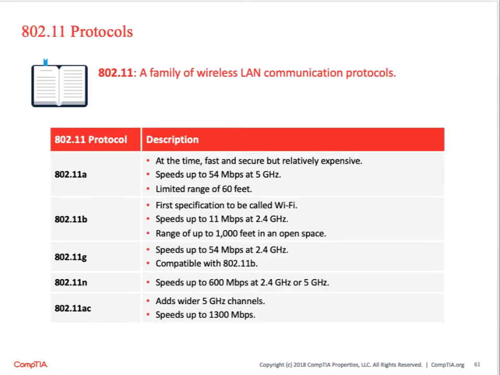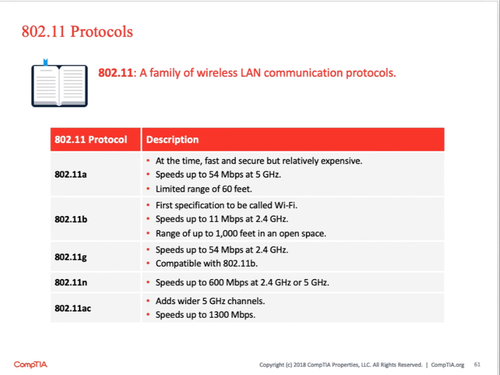802.11 protocols. 802.11 is a family of protocols for wireless LAN communications between wireless devices or between wireless devices and a base station. So these are the common 802.11 protocols.